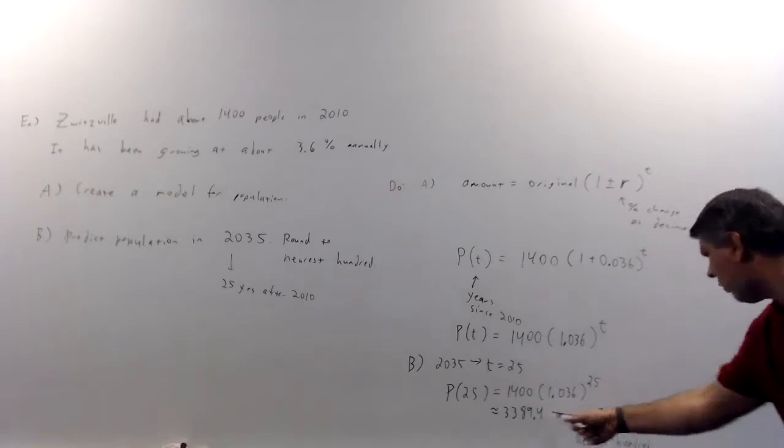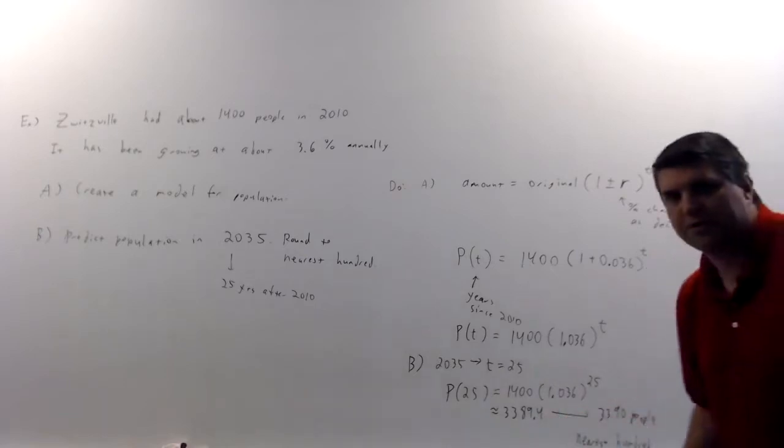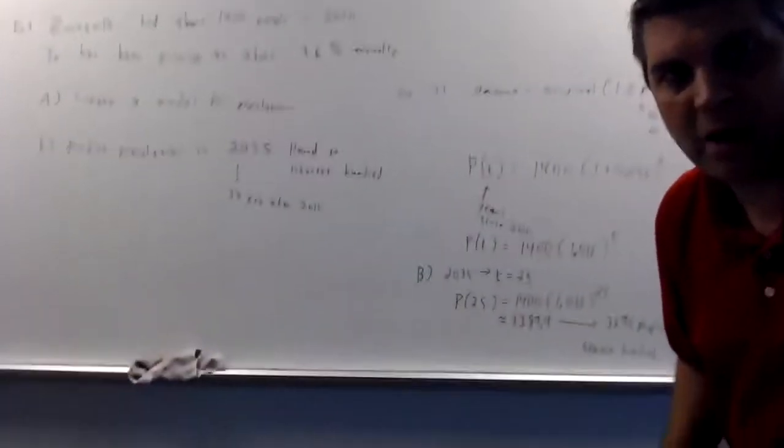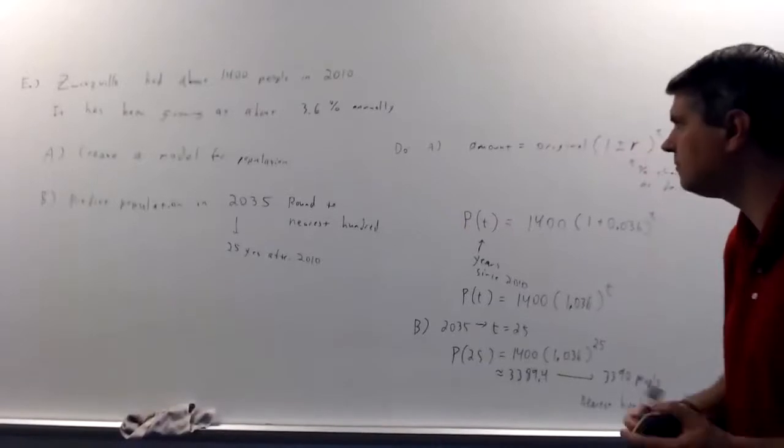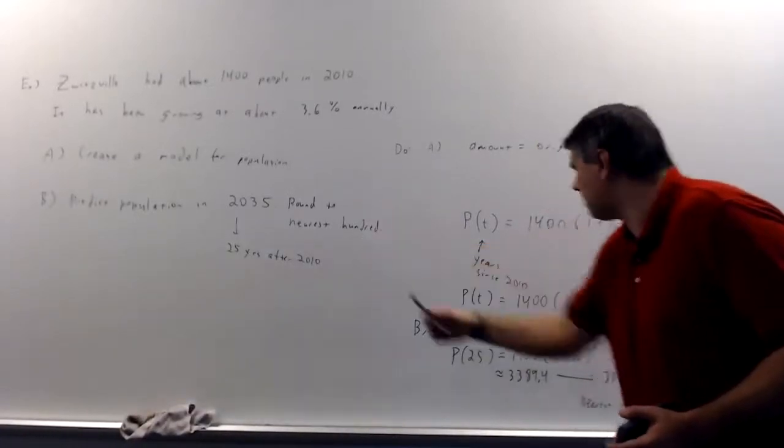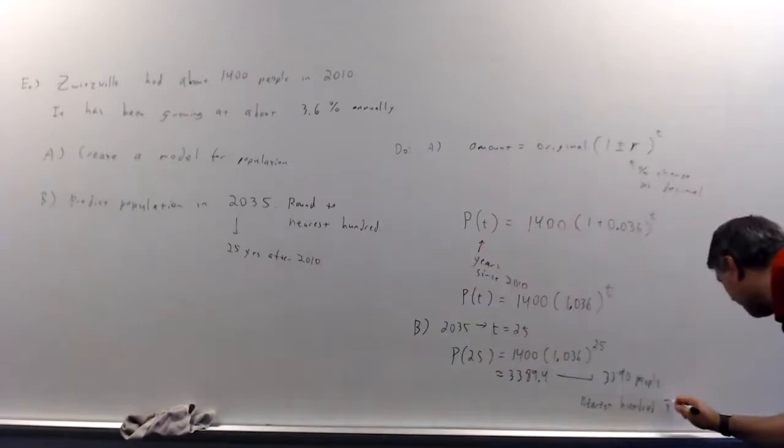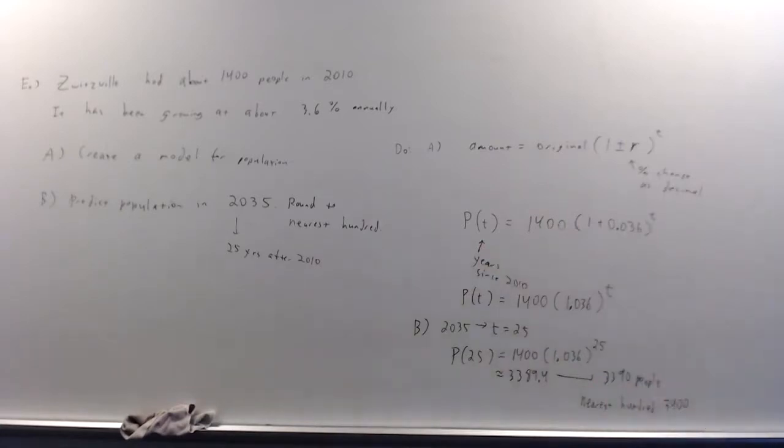But the directions say to round to the nearest 100. So if we're rounding to the nearest 100, that is 3,400 people.